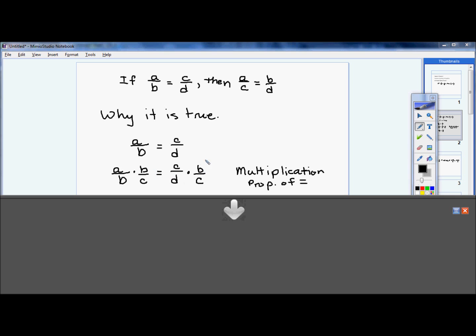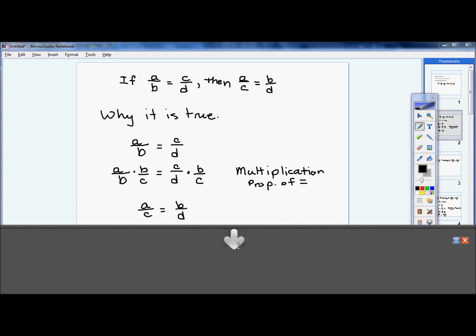We multiply both sides by B over C, and we end up with A over C equals B over D. All right, once again, you can always multiply both sides of an equation by the same thing. And we're multiplying both of these by B over C so that the B's will cancel here, C's will cancel here, and get A over C equals B over D.